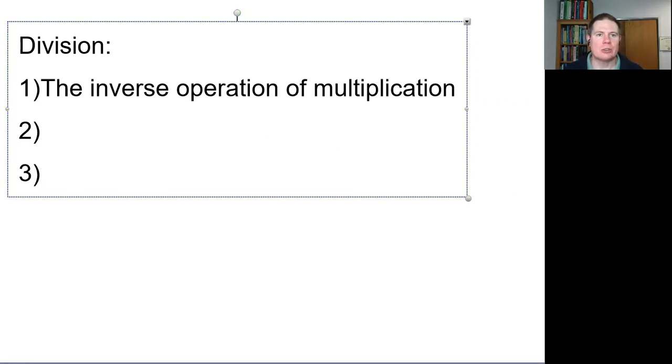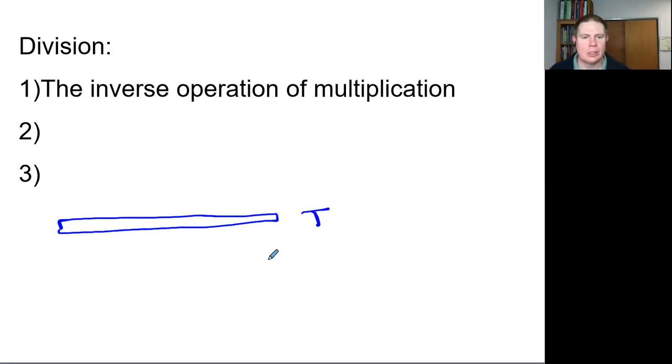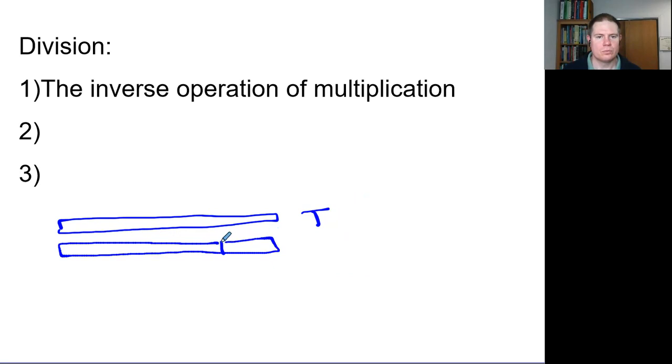All right, so let's look at this addition and subtraction relationship again. If I have some total length, let's call that T, and I split it up into two pieces, A and B. The idea of a total is that A plus B is going to give us the total, the sum of these smaller pieces tacked onto each other.